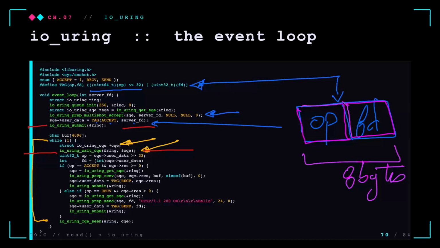And if we have an entry, we're going to decode it the opposite way of how we encoded it. So in the operation, for example, we did a left shift by 32 bits. We're going to do a right shift by 32 bits. And we get the operation, and the file descriptor is simply an int casting. If you cast 8 bytes to 4 bytes, then you're just going to get the lower half. That's how it's encoded.